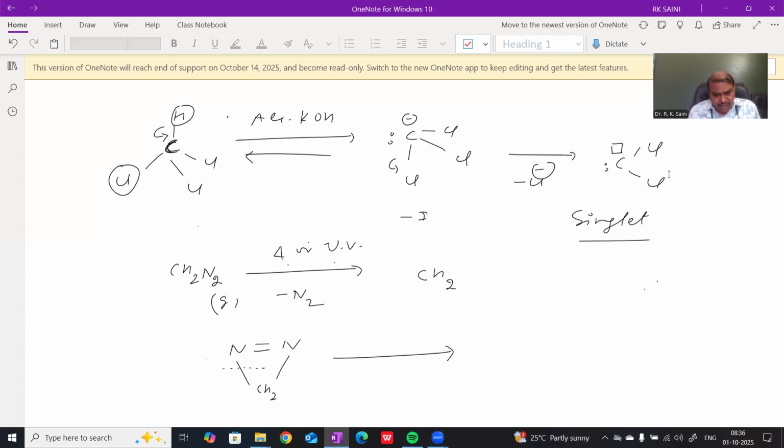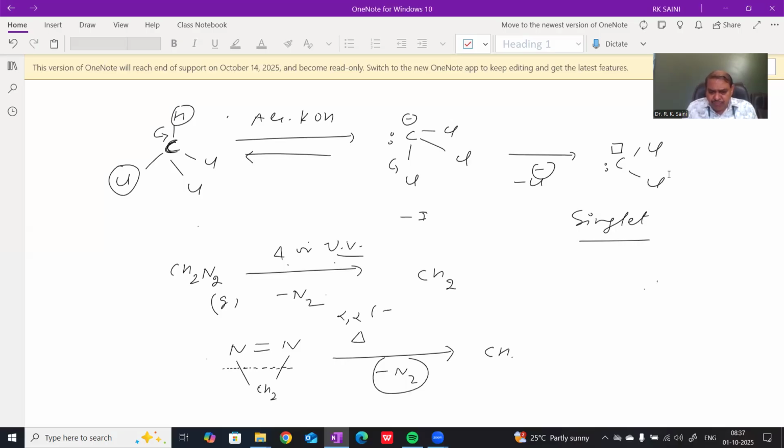Homolytic fission takes place at high temperature or ultraviolet radiation. Therefore, N2 gas is released from the same carbon atom, and so it is also known as alpha or 1-1 elimination, because both the nitrogen atoms are eliminated from the same carbon atom.